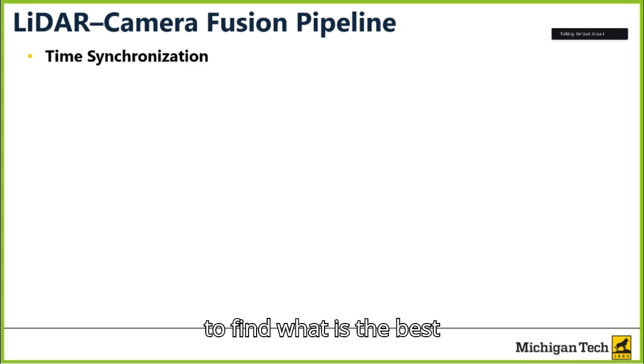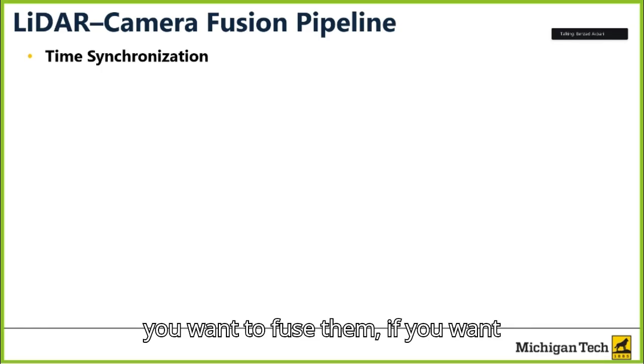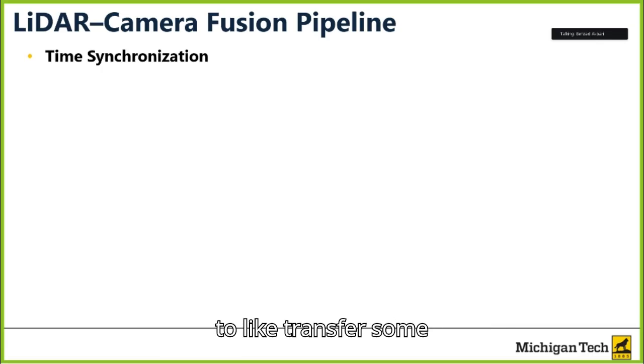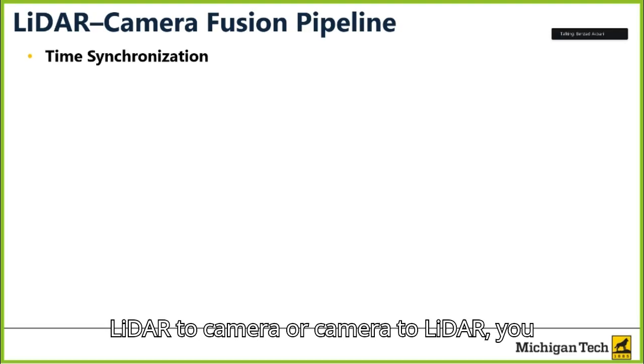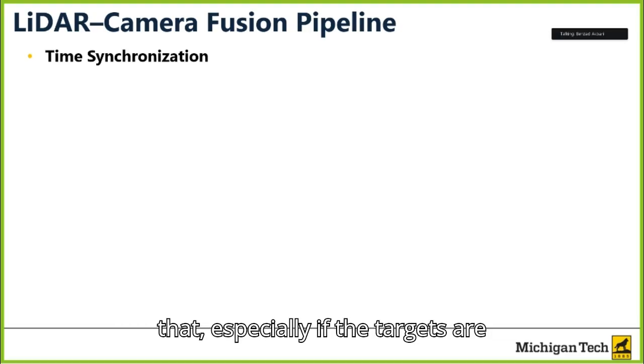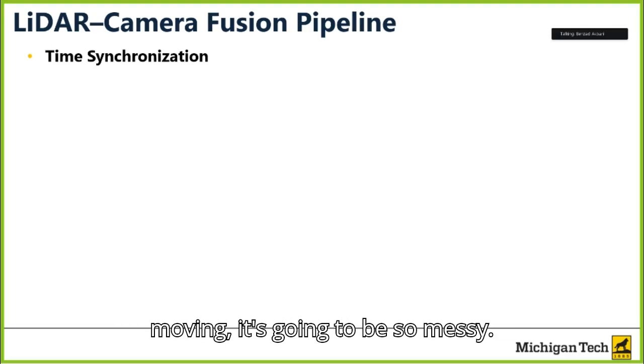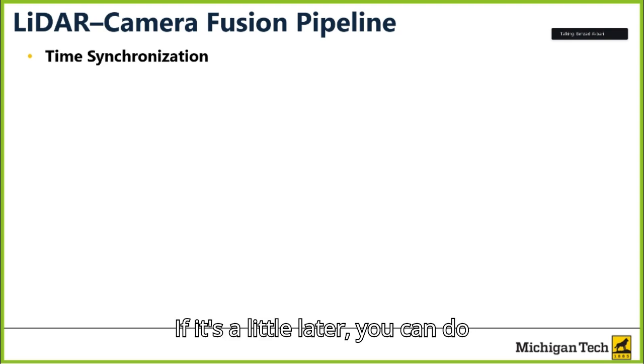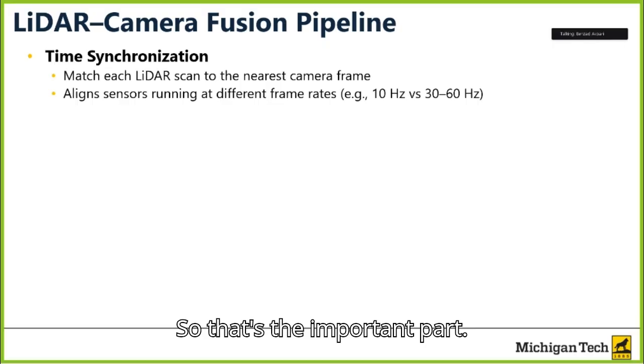So we need to find the best match between the two, because if you want to fuse them, if you want to transfer some pixels from LiDAR to camera or camera to LiDAR, you need to do this matching. Otherwise, especially if the targets are moving, it's going to be very messy. If the timing is a little off, you can still do it nicely. We can see that in real situations. So that's the important part.